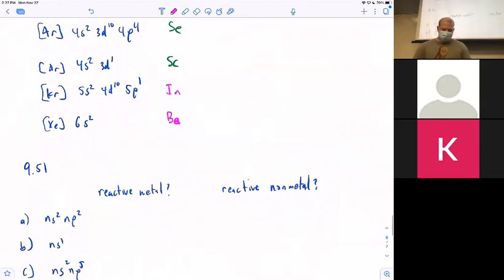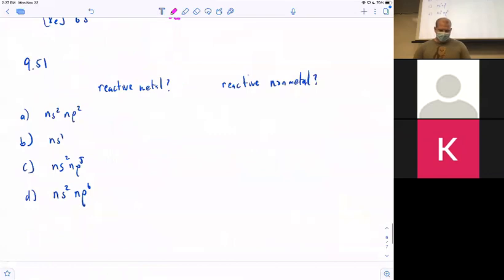All right, last one. Which one would you expect to be a very reactive metal? A reactive metal would be one where it's real easy to rip off the electron. It's going to be right here. Not surprisingly, this is going to be the alkali metals, right? And a reactive non-metal is going to be this one.